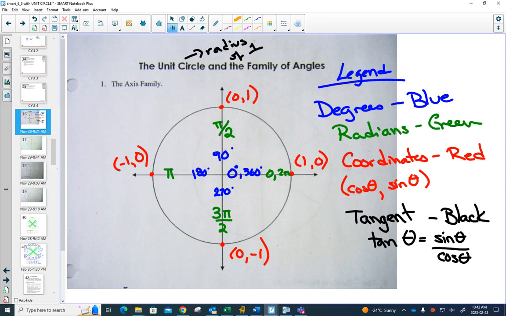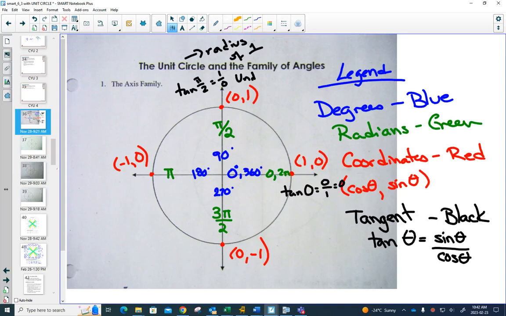We can also use the big idea for tangent. If tangent is sine divided by cos, I can look at my coordinates and I can now write that tan of 0 would be 0 over 1, which is just equal to 0. Tan of pi over 2, and I'll do it all in radians, would be sine divided by cos, which would be 1 over 0.